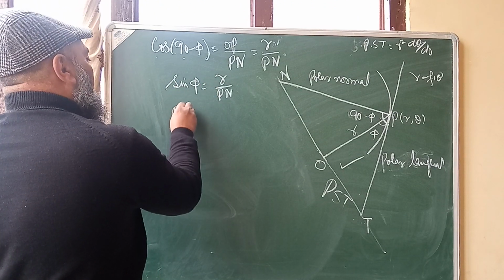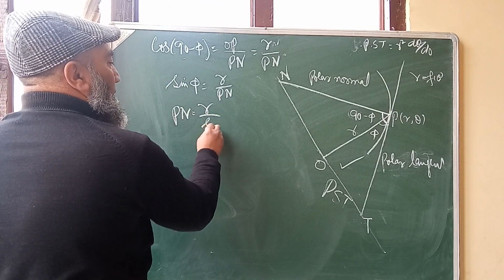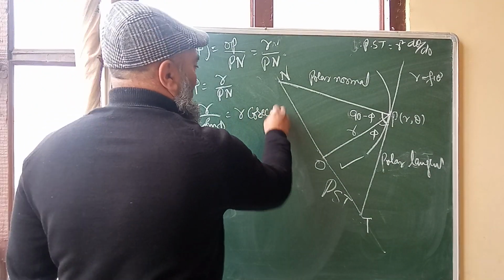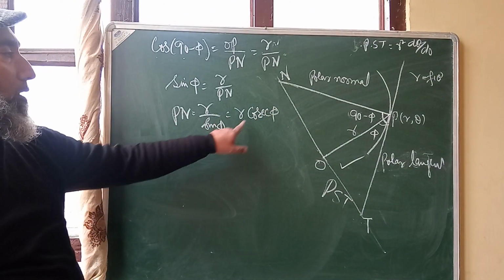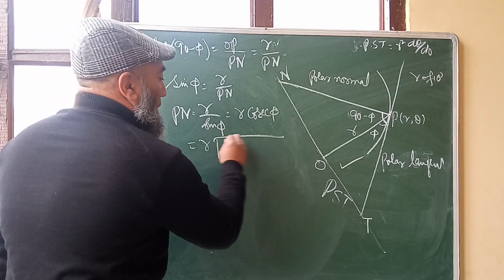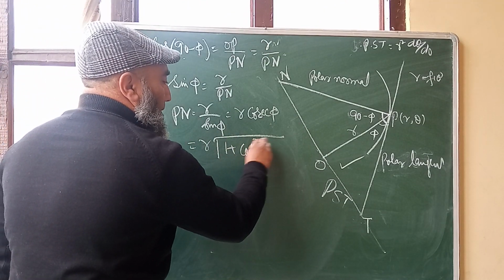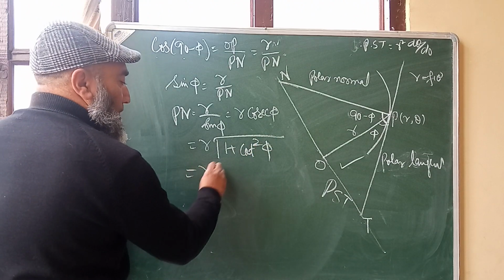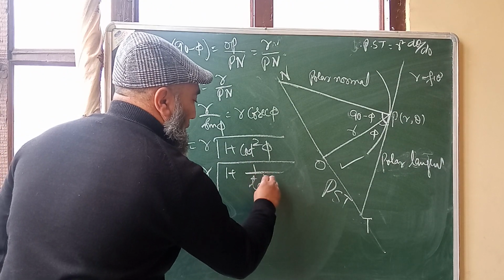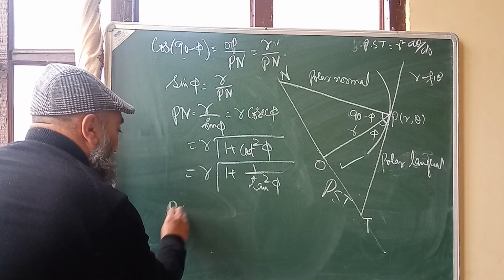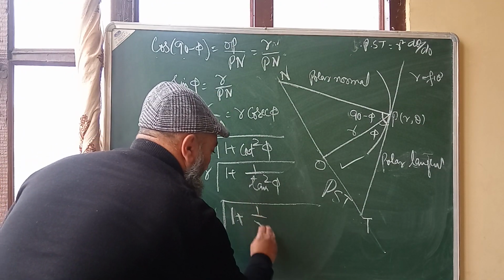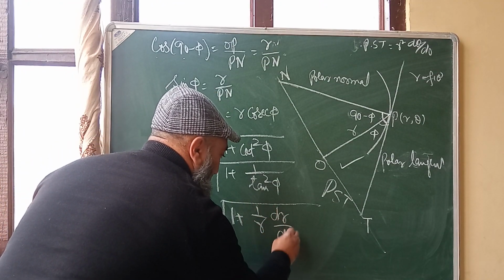So what is PN? It is r by sine phi, it is r cosecant phi. Now what is cosecant phi? Cosecant square is 1 plus cot square phi. But cot is in terms of tan. So the length of the polar normal is r under root of 1 plus (1 by r dr by d theta) whole square.